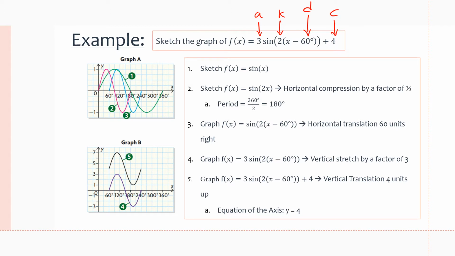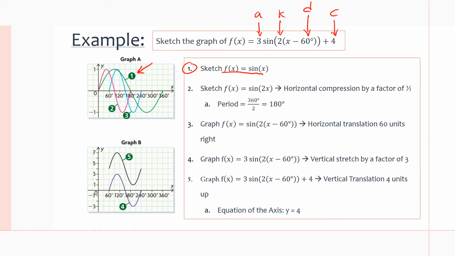And there's 5 steps in using this method of sketching a graph. The next two examples will be using a different method, but for this one, we use this method that involves these 5 steps. First step, we want to sketch the original graph of f of x equals sine of x, and that is exactly this green graph that we have on the left.